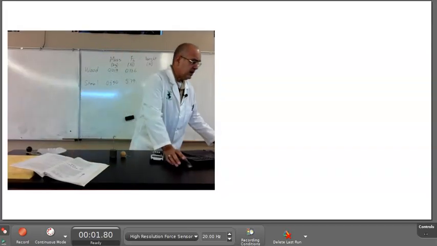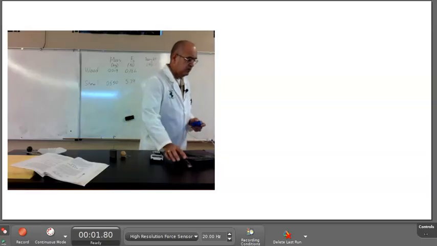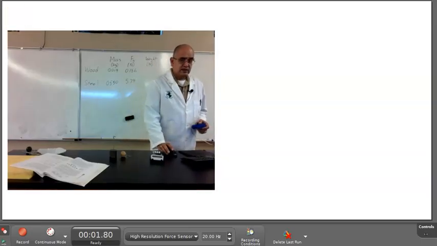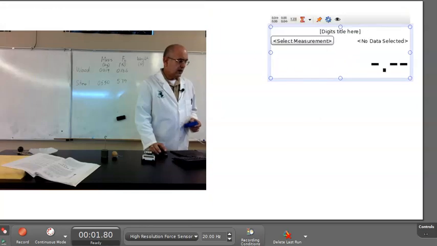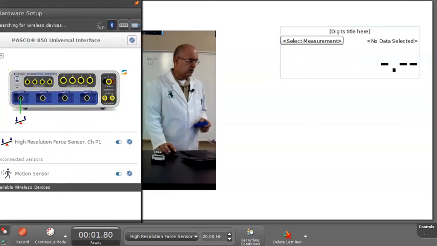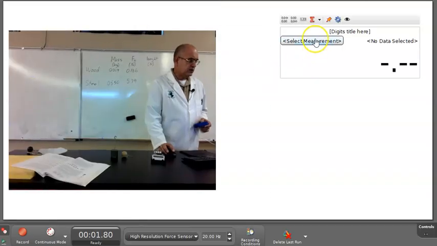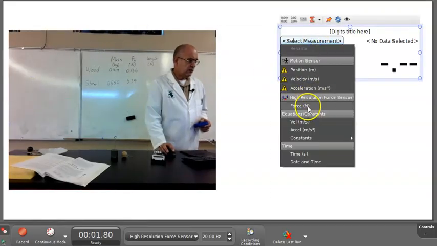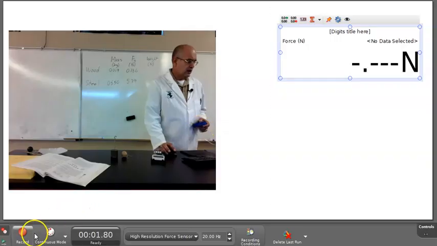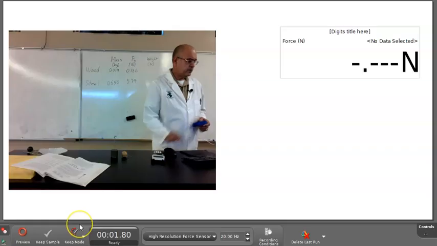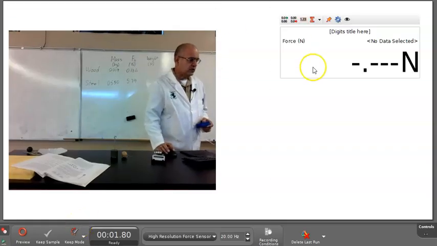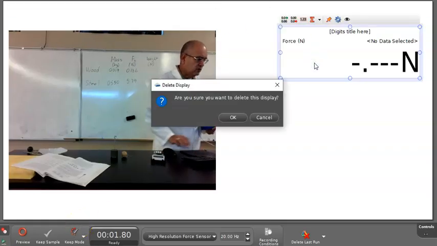Now we get to measure. And for that, I need to use a force sensor. So I'm going to reset the display here a bit. I'm going to add a digital measurement, and I need to add the force sensor. Yep, I've got a force sensor already set, so I'll just select force, and I will change the mode to keep mode. Actually, I'm not going to use the force sensor display.